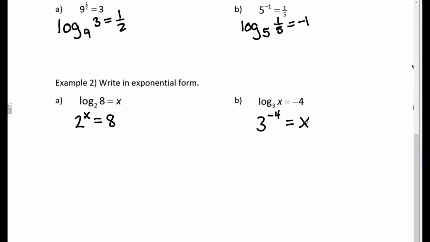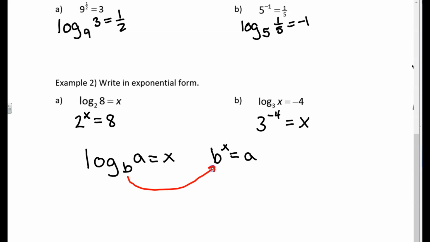So what I want you to look at when you've got log base b of a equals x versus b to the x equals a, I want you to pay attention to where everything is. The base is always the base, right? The b always stays in the same place.